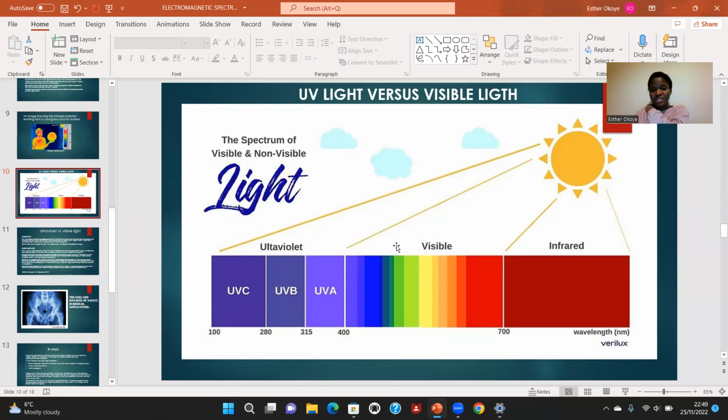Okay, now we are looking at the sun. Like I mentioned earlier, we can see the sun. We're going to look at UV light as compared to visible light, okay? The UV light, which is ultraviolet light, compared to visible light. We see the sun, we can see it. Now the sun is out, amazing.